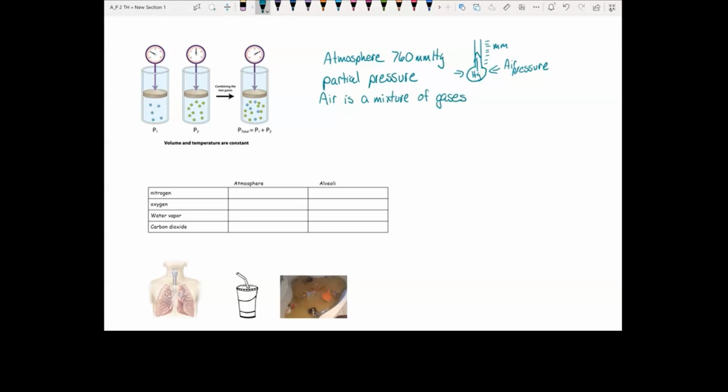Each gas contributes to that total pressure. So partial pressure is how much is contributed by one individual gas, and we can just abbreviate it pp.